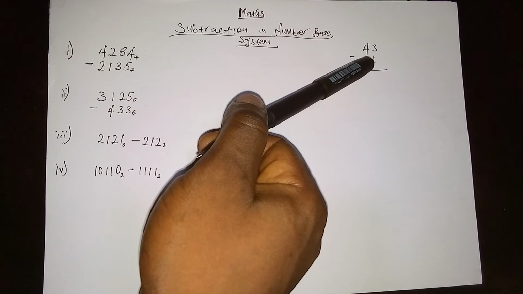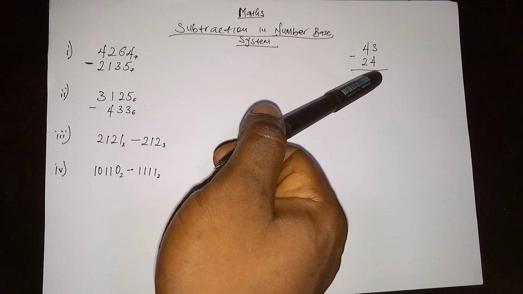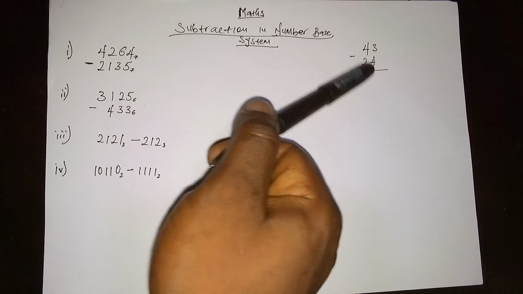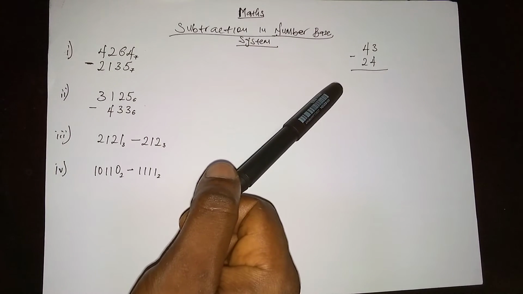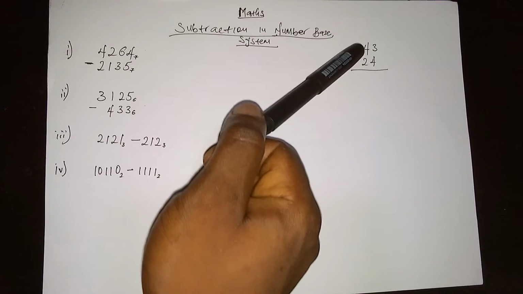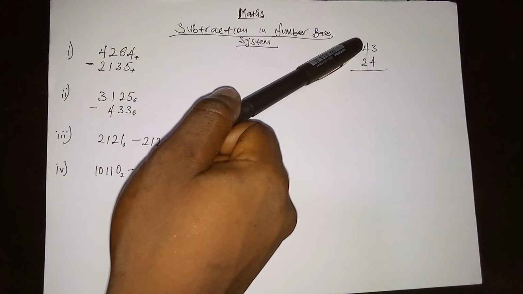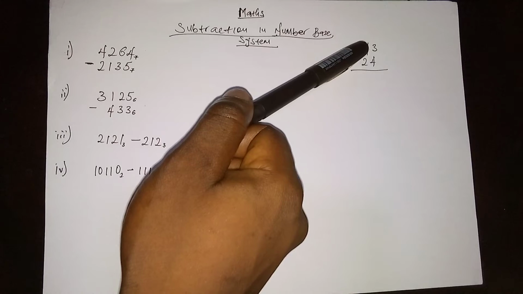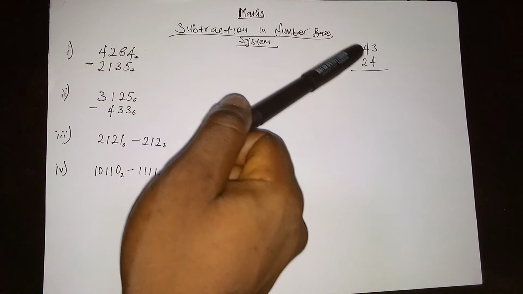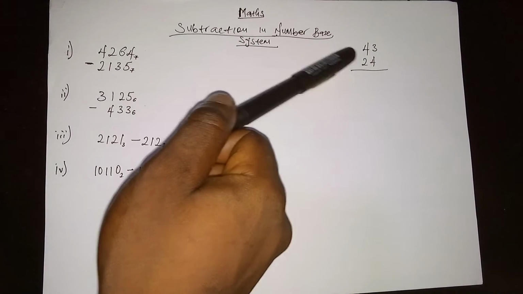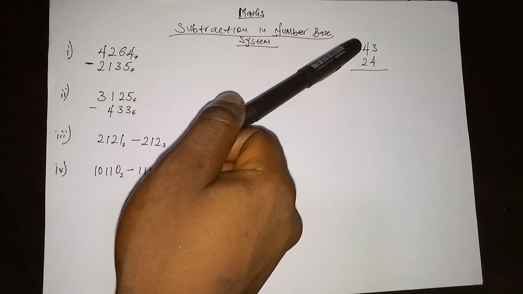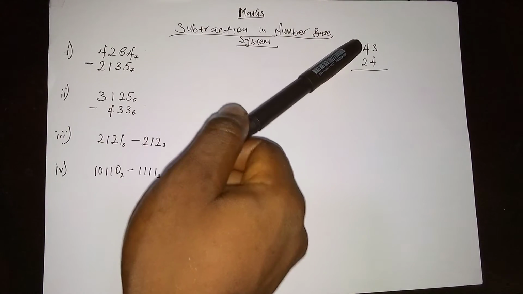Then you subtract 4, leaving you with 9. But in this case, we are not actually borrowing 1 from 4. What we actually borrowed from 4 is 10.